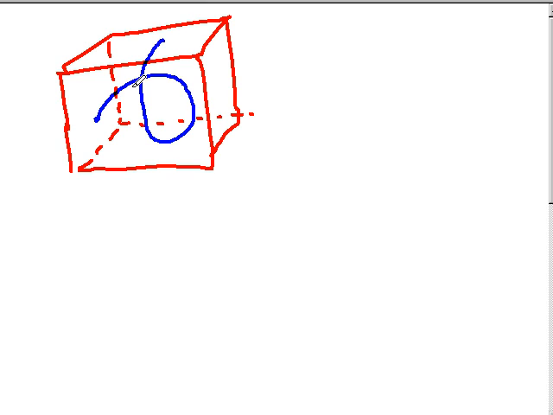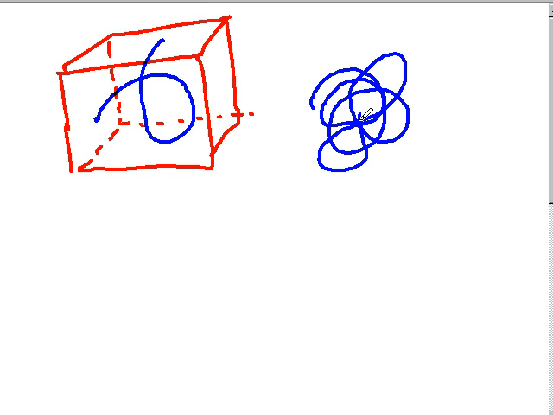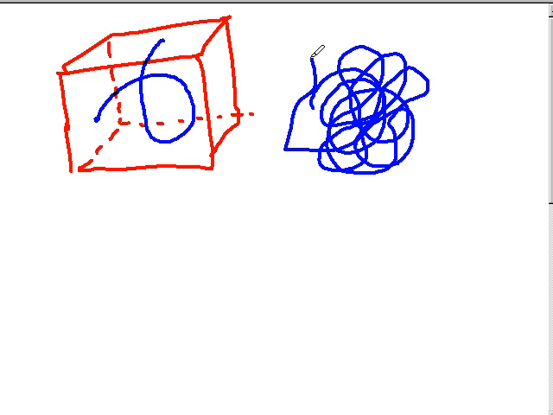Well, the answer is yes in 3 dimensions, because you're just crossing above it. It's like asking, can you have a piece of arbitrarily tangled spaghetti? The answer is yes. I could have a mush of spaghetti that looks like this, and these never actually cross at the same point. So the trajectory could be arbitrarily complicated in 3D.